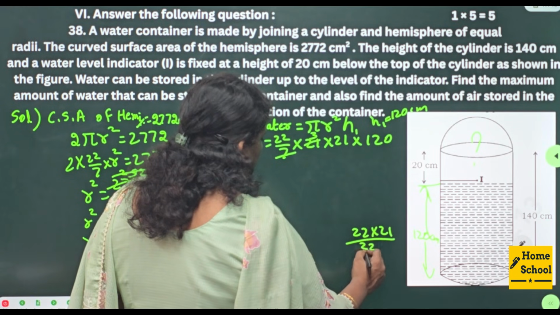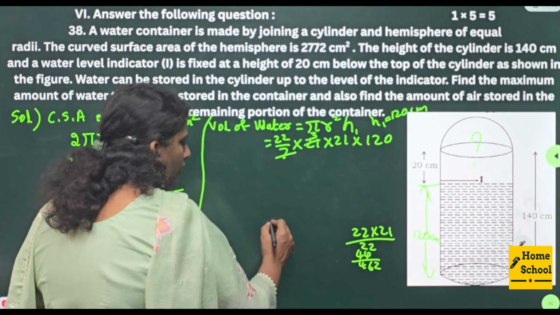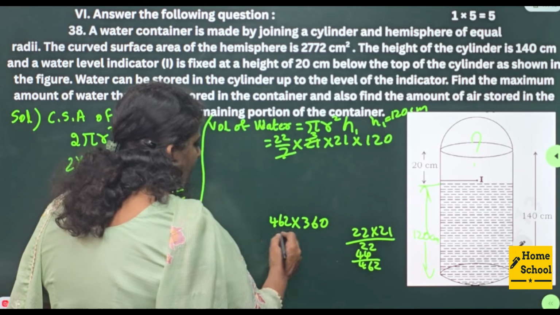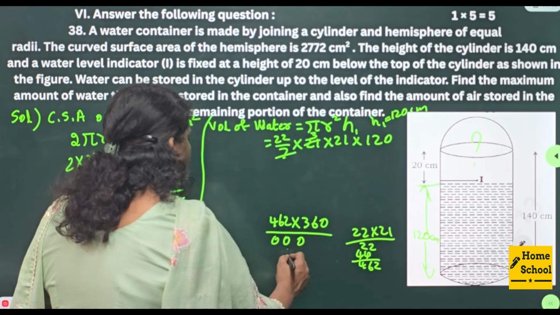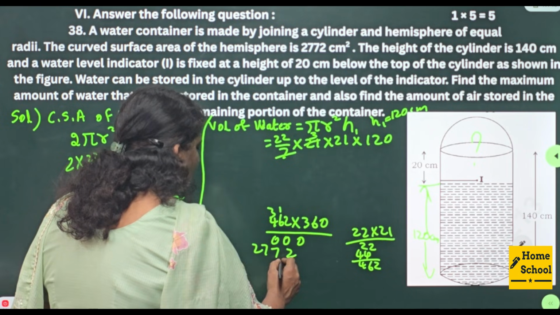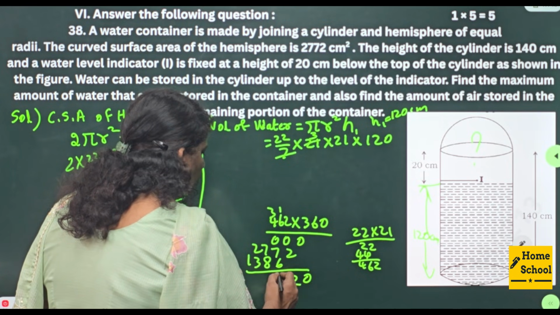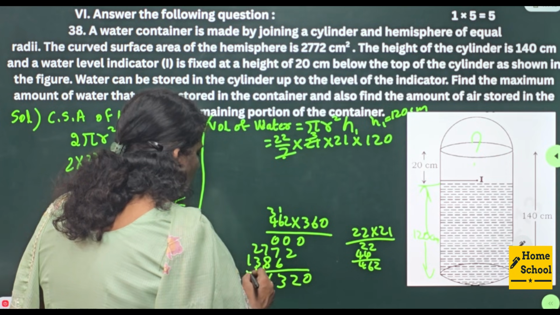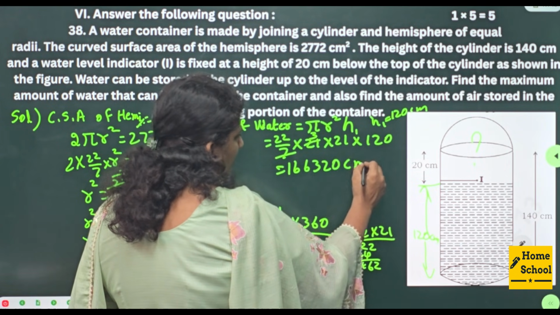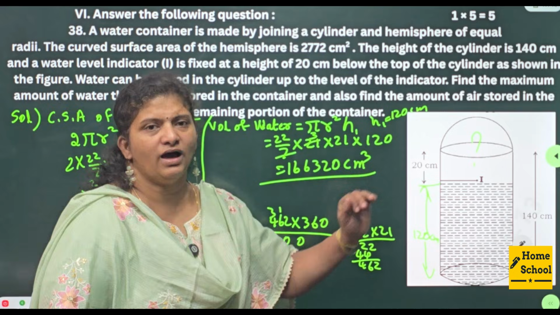That is 462. 462 into 360. 3 into 120 I am writing 360. 166,320 centimeter cube amount of water is contained in this cylindrical part up to the indicator.